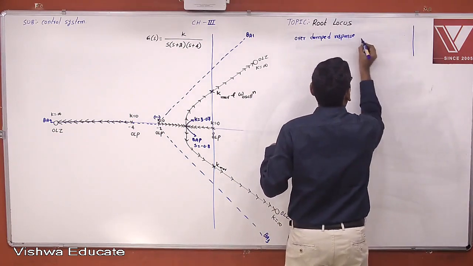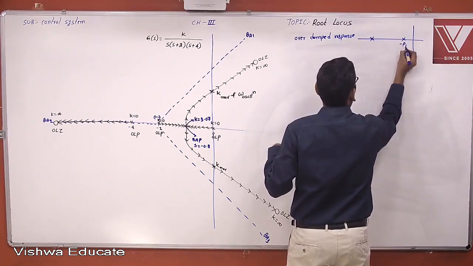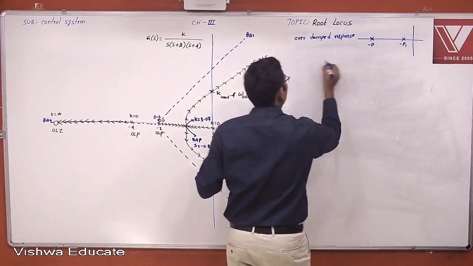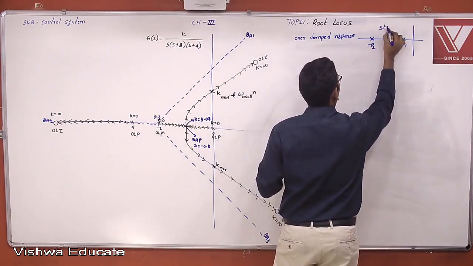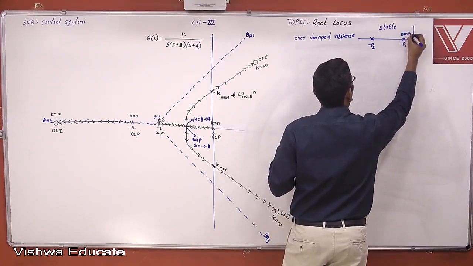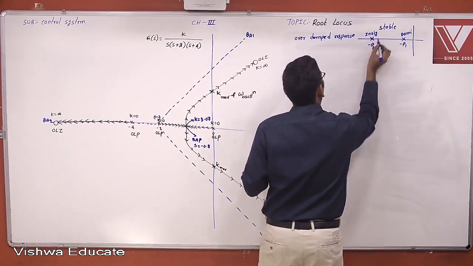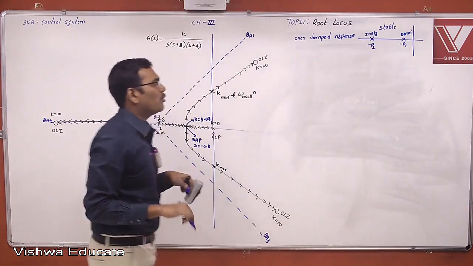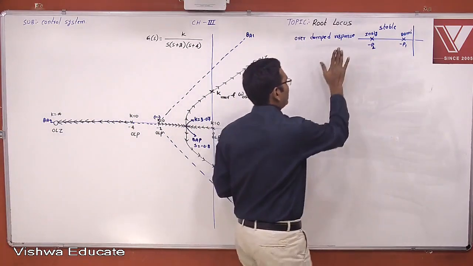If the poles' location is like this, then that response is nothing but the overdamped response. The system is stable, and this is the dominant pole, and this is the insignificant pole.